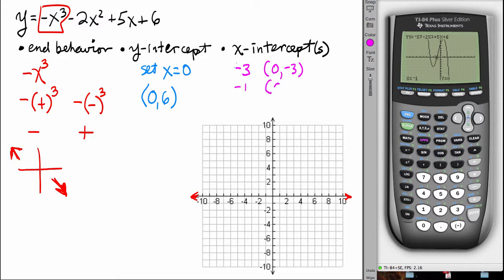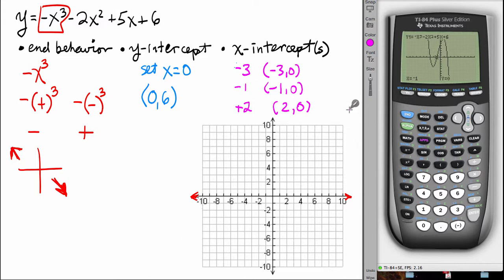Whoops, I notice I've got this running backwards. I'm going to make the change. The coordinates for the x-intercepts are negative 3, 0, and negative 1, 0. And the third one looks like occurs at positive 2, and that's true. The third intercept is 2, 0.